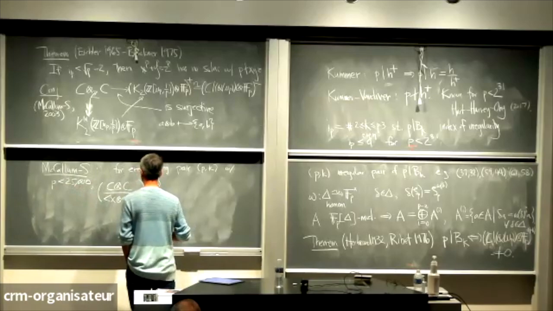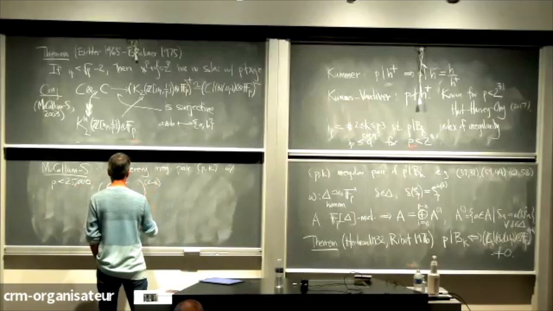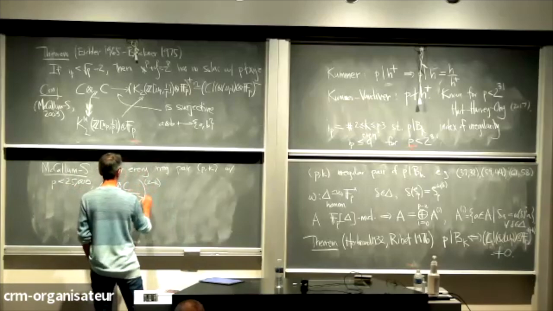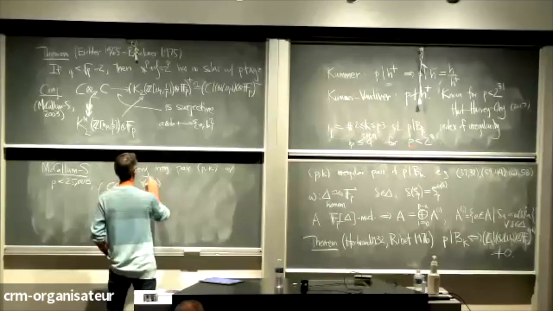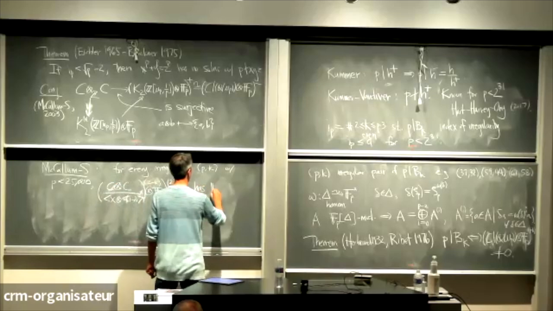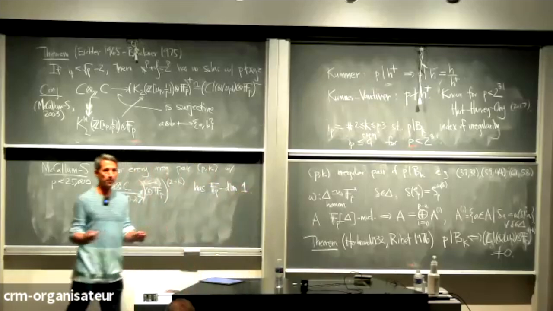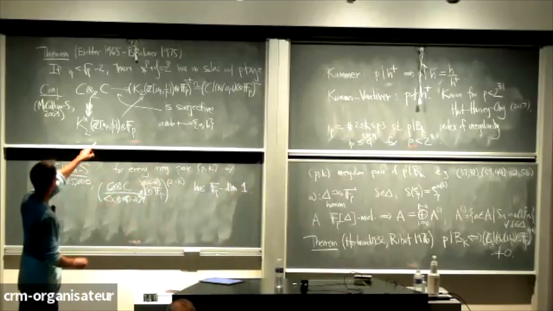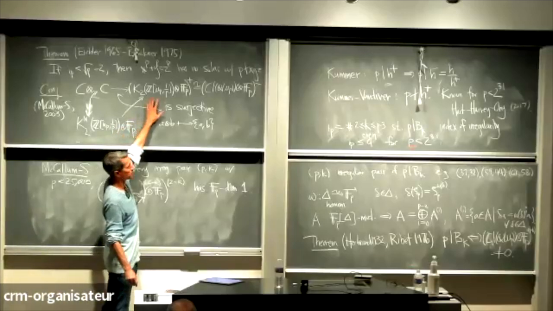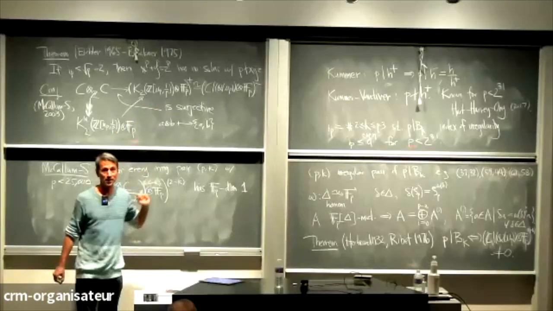I need mod P. So mod P, tensor FP, has FP dimension 1. It shouldn't have FP dimension 0 because I'm supposed to get K2. And K2 exactly in those eigenspaces is one-dimensional in all of these cases.